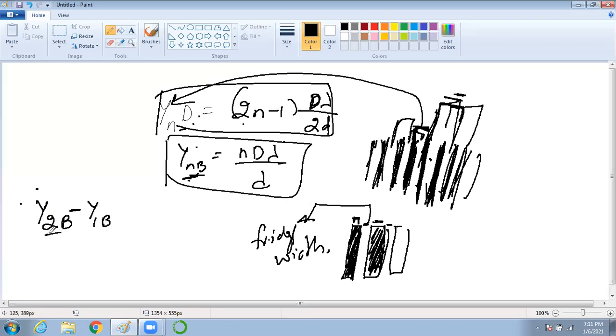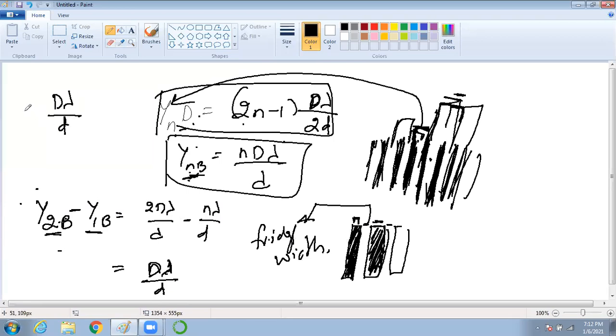So I can get y2B and y1B. If I subtract, I will get the width of the fringe. If you put n equal to 2, it is 2 D lambda by d minus n equal to 1, n lambda by d. Then it will be D lambda by d. That means each bright fringe has a width of D lambda by d.